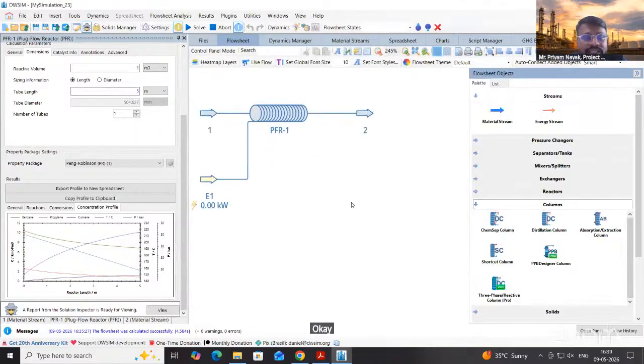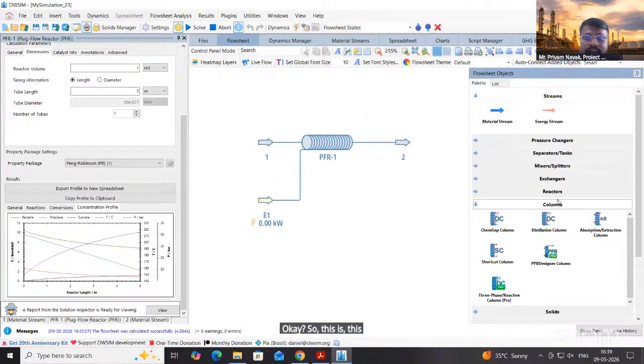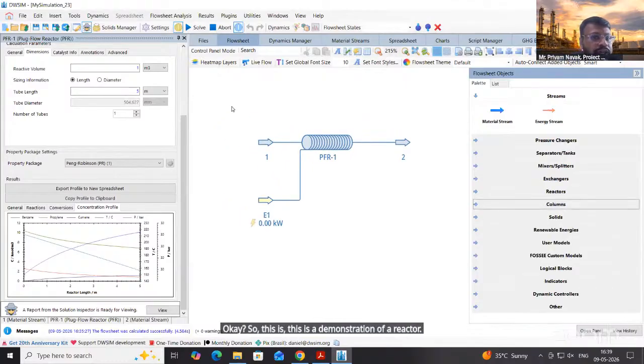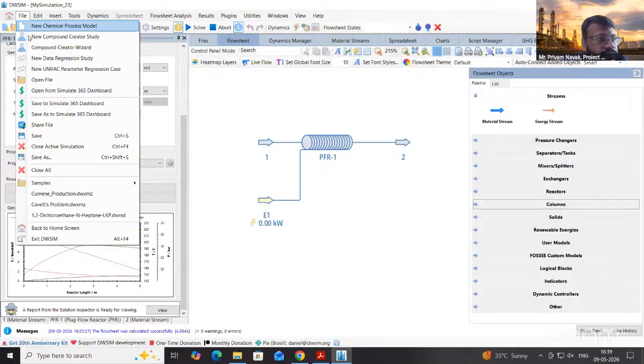Okay, so this is a demonstration of a reactor. Let me show you the tool that I was talking about, the compound creator tool.